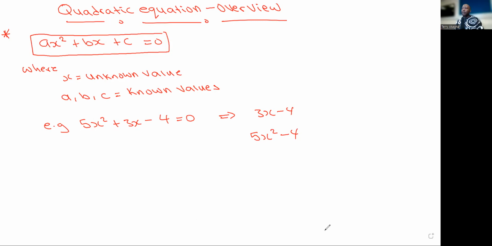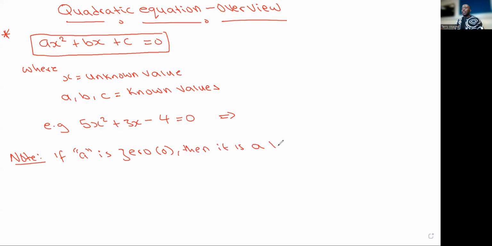So let me just write it down, so that those of you that are writing can also take note of that in your notebook. So just to note, if a is 0, that means if you solve and you get a to be 0, then it is a linear equation.